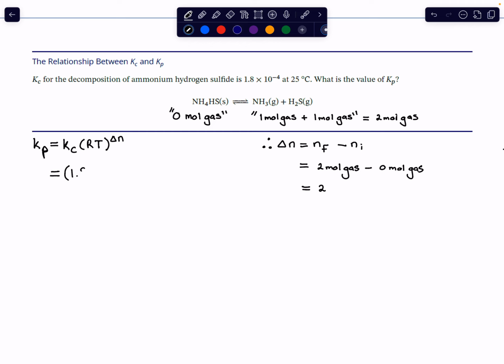So Kc is 1.8 times 10 to the negative 4, and then R is of course the ideal gas constant.